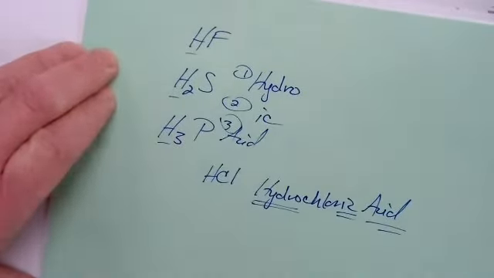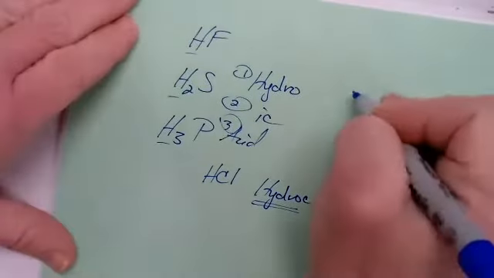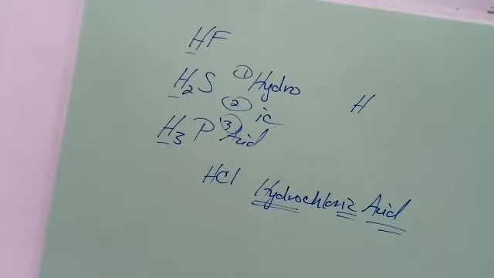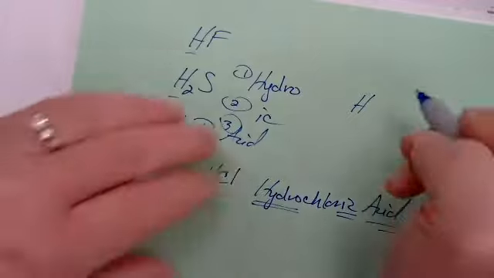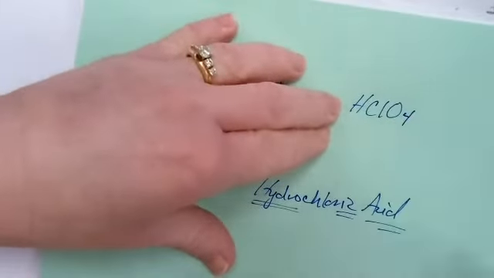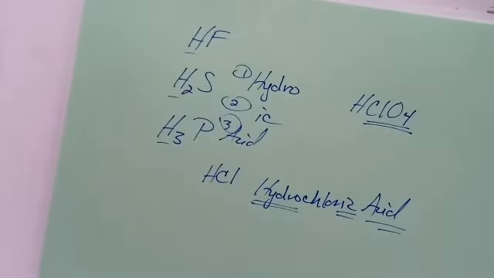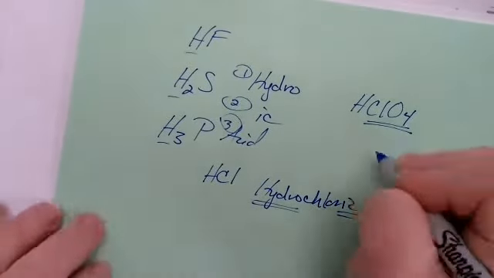Okay? So if you have hydrogen with a polyatomic ion, no prefix gets added on our part. But the prefix could be part of the polyatomic ion name, like HClO4. That is perchlorate, that's its name.